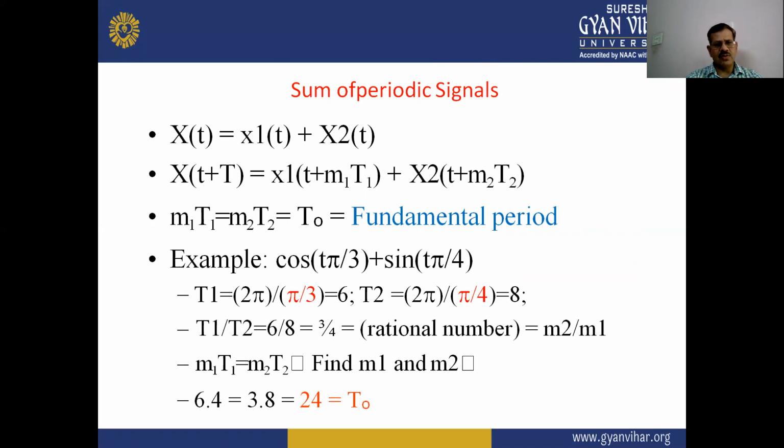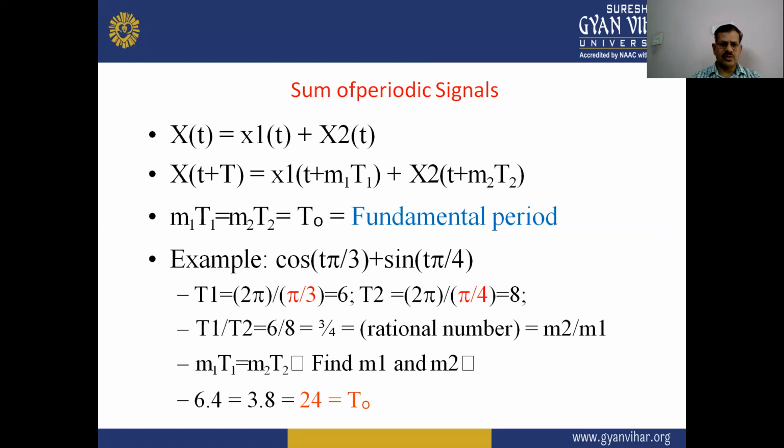So T1 equal to 2 pi upon pi by 3 equal to 6, and T2 equal to 2 pi divided by pi by 4 equal to 8, and T1 upon T2 equal to 6 upon 8, or 3 by 4. This is the rational number equal to m2 upon m1, where m1 T1 equal to m2 T2, and we find the m1 and m2.